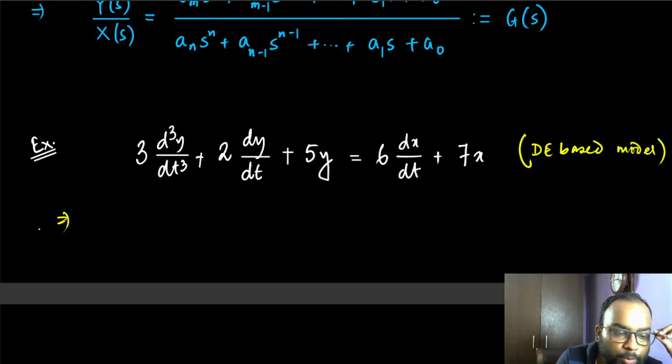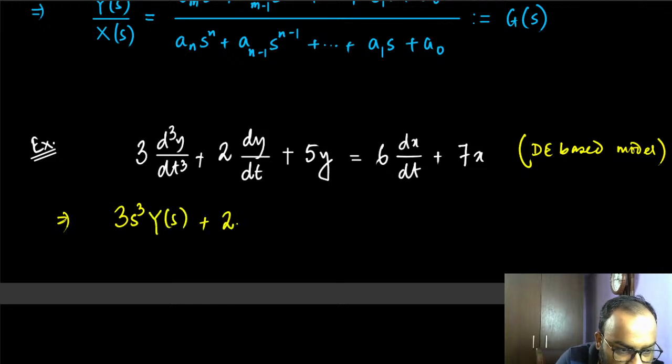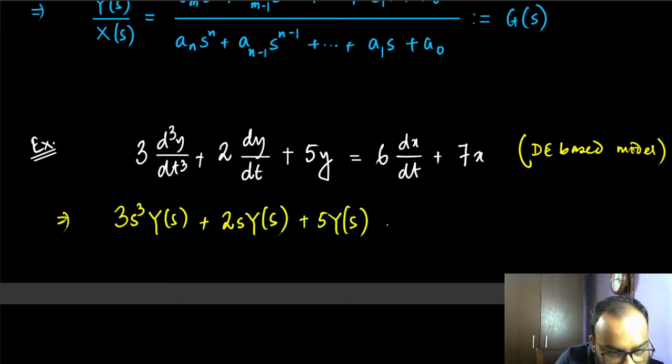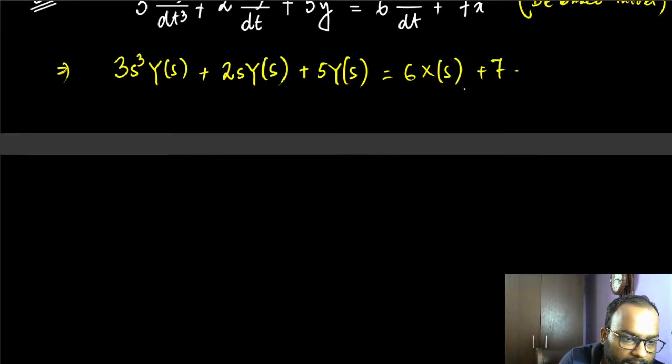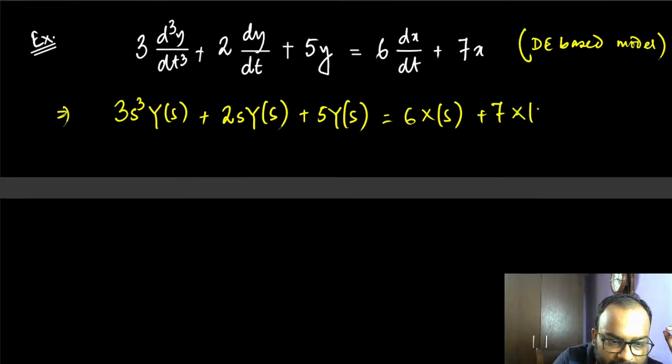Now assuming zero initial conditions and applying Laplace transforms, we have 3 s cube Y(s) plus 2 s Y(s) plus 5 Y(s) equal to 7 X(s).